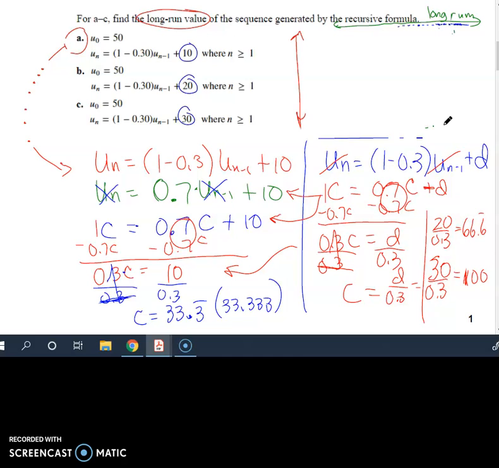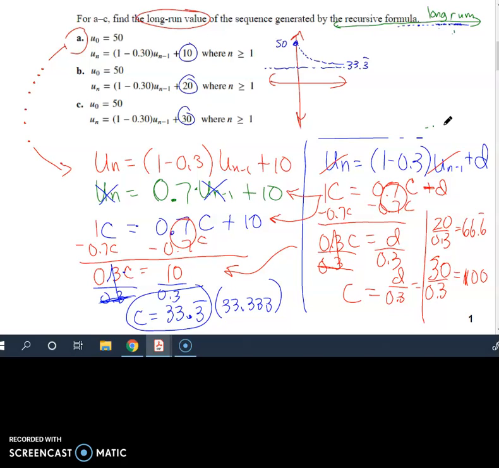So for problem A, we know that the long run value is going to be 33.3 repeating. That's the answer we got down here. And the problem is beginning at 50 in problem A. So that means that we're starting at 50, the answers are decreasing and leveling off there at the long run value of 33.3 repeating.